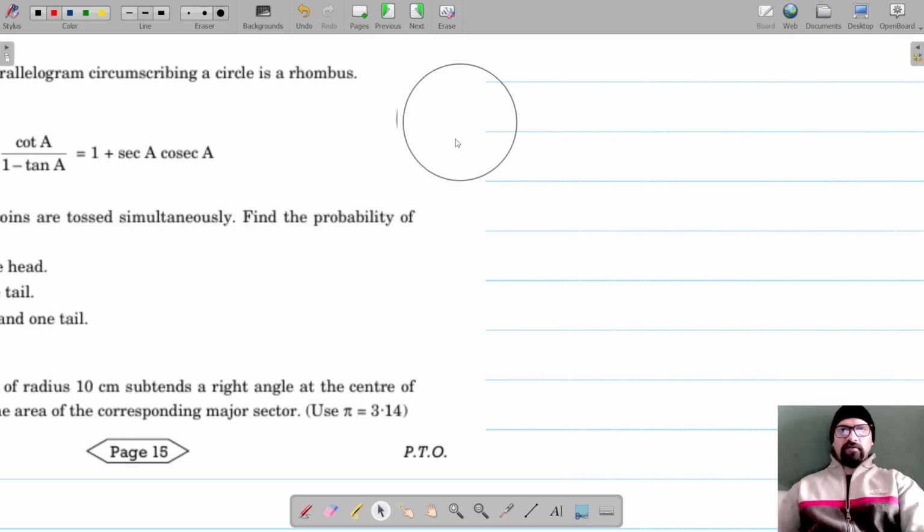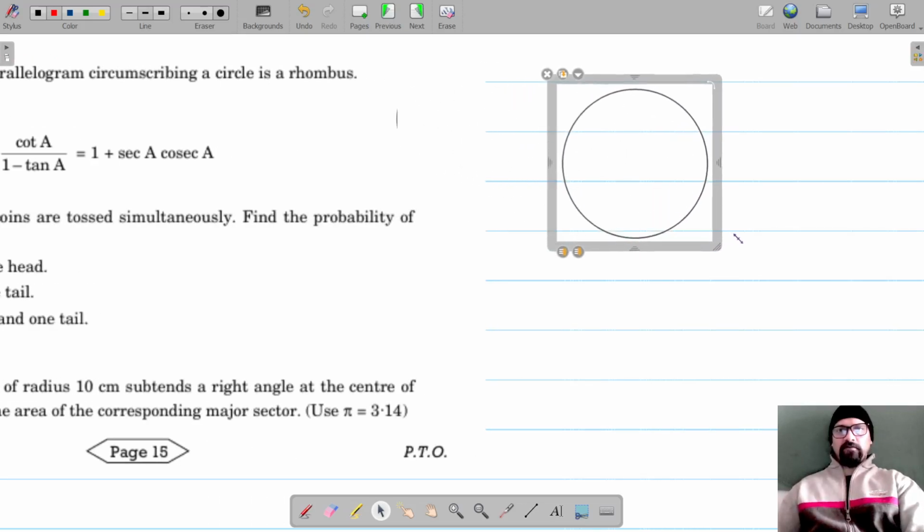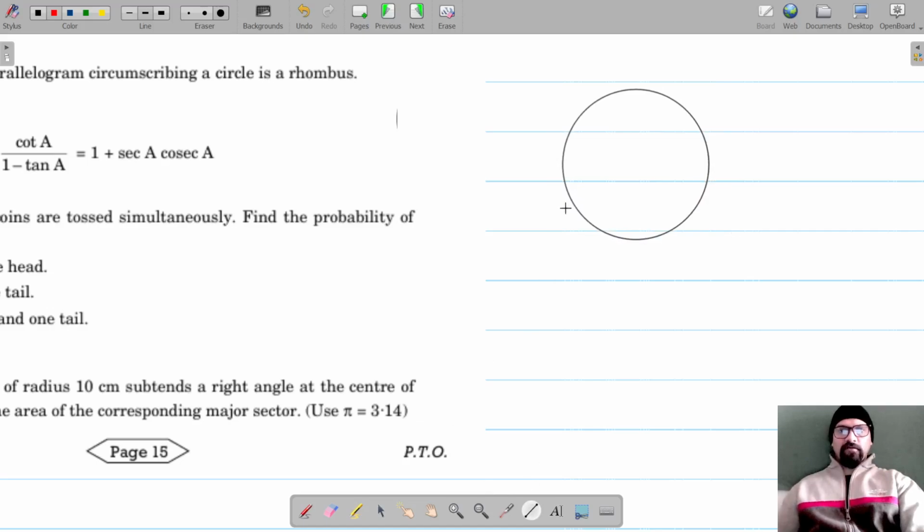So this is our circle, and I'm going to make it a bit big. Let this be one side of the parallelogram, and this the other side.